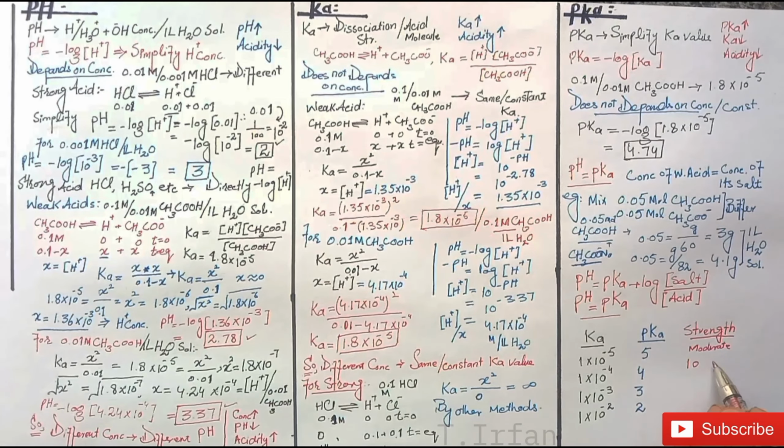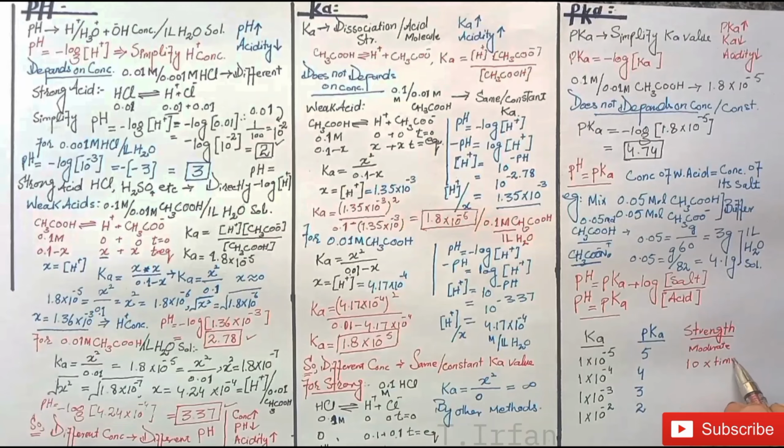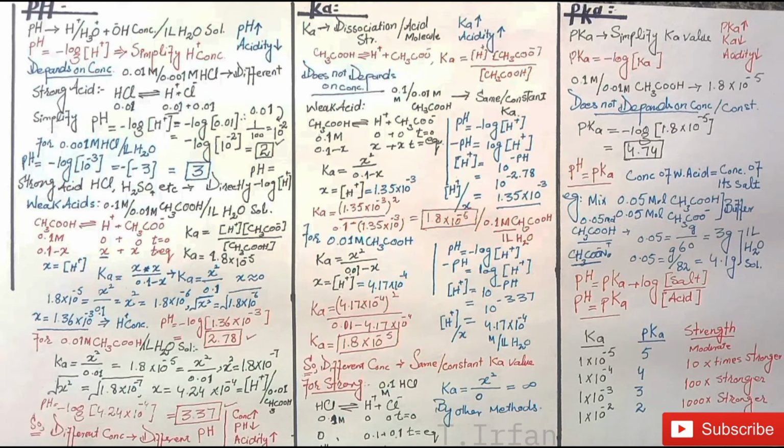The second acid is 10 times stronger than the first one. The third acid is 100 times stronger than the first one, and the fourth one is 1000 times stronger than the first one. So when the Ka value increases, the pK value decreases and the strength of the acid increases.